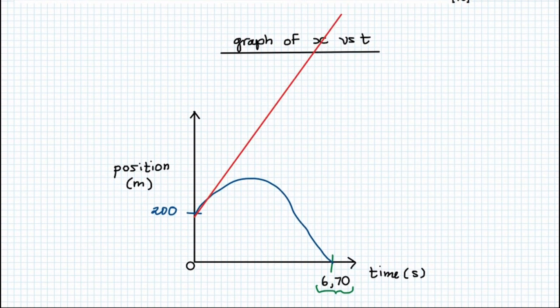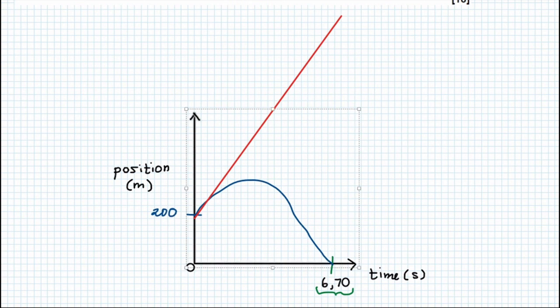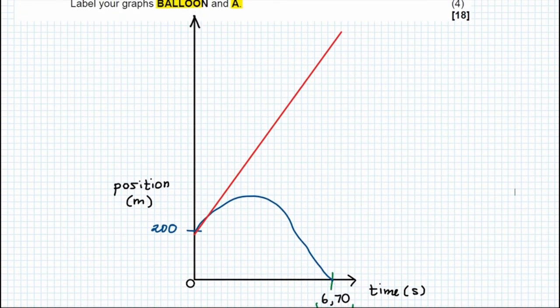We actually need to do something like this. I'm going to remove my label for now so that it doesn't confuse you. That over there is going to be the graph for the balloon, because the balloon continues to travel upwards at a constant velocity. As you can clearly see from this graph, they both start off at the same time and they both end at the same time.